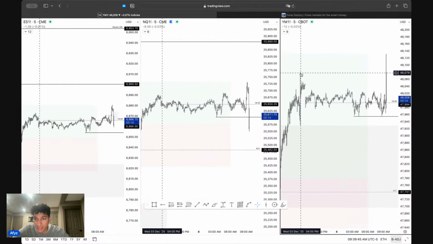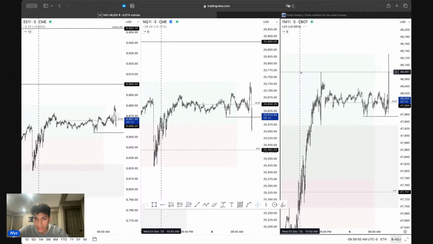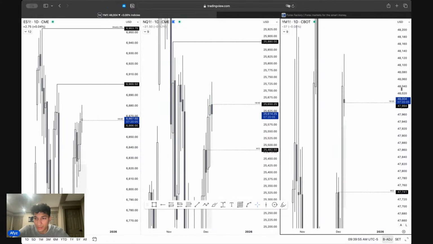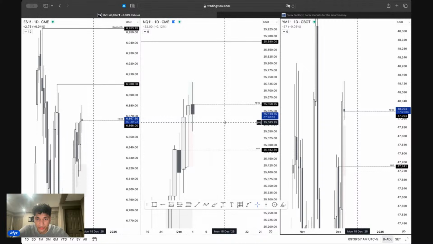If we took out this 4 p.m. high here, right? Previous day high, that could be a trigger. Look at the daily chart. We finally manipulate that previous day high here.